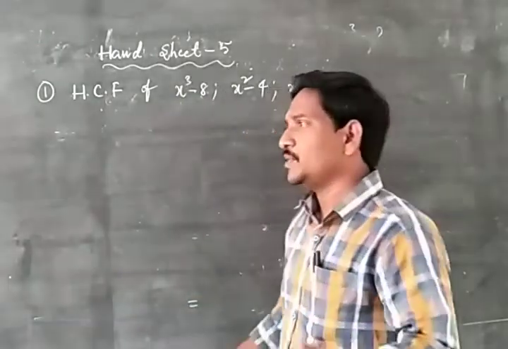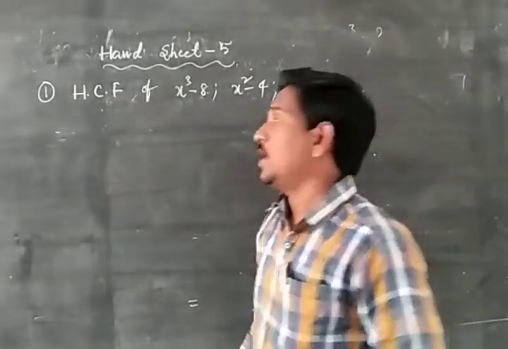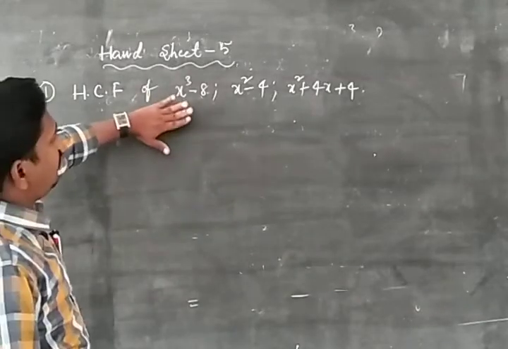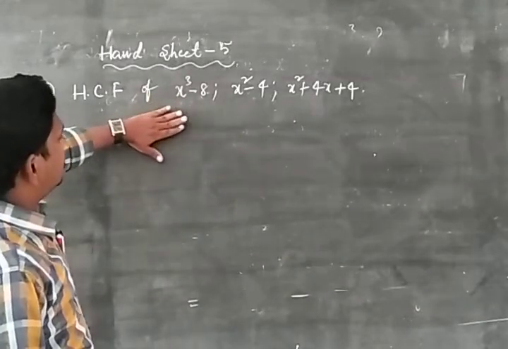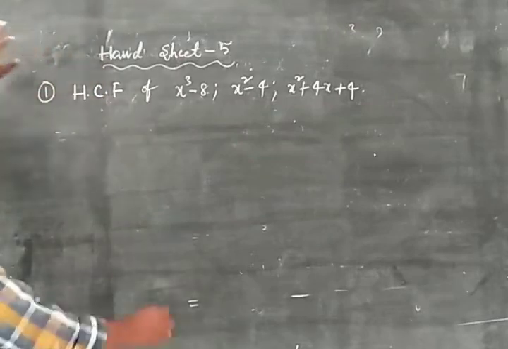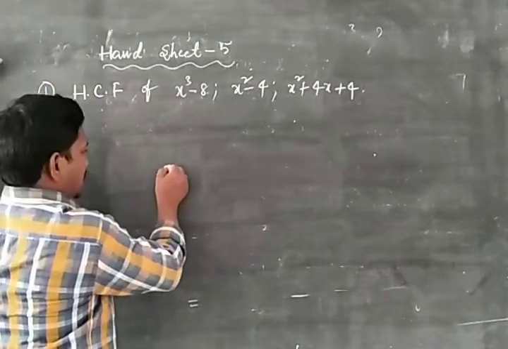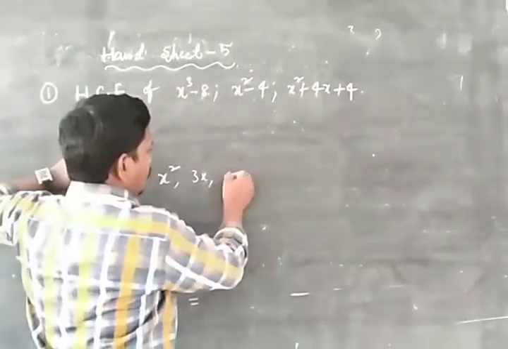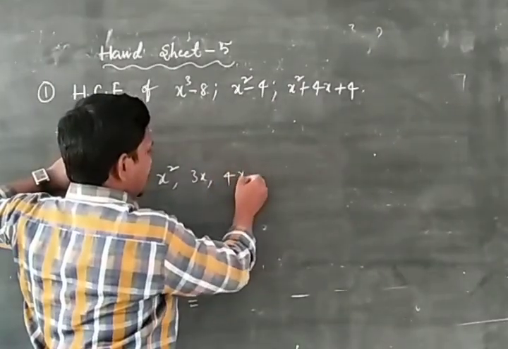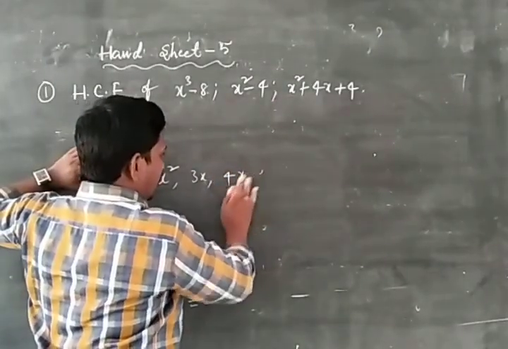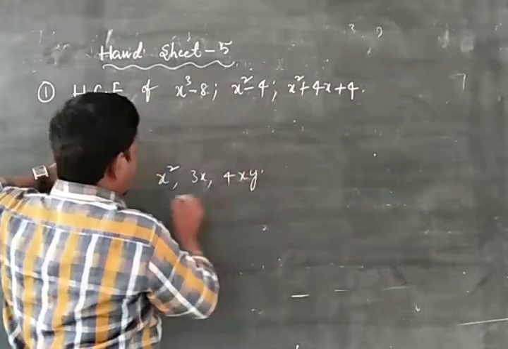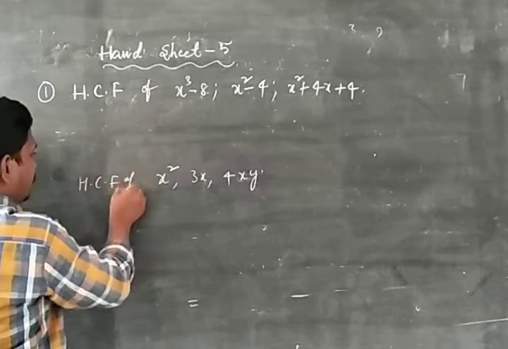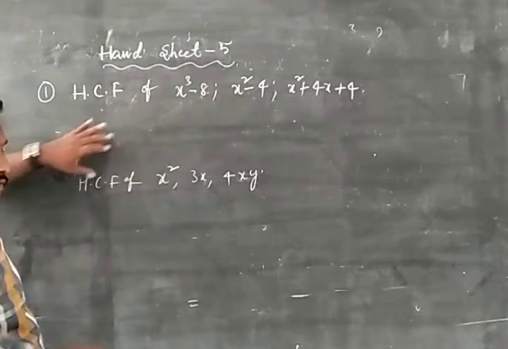I think lower class means 6th class or 7th class. So, for example, just keep aside the problem. Just x square, 3x and 4xy. Now, HCF of, just an example for clarification.